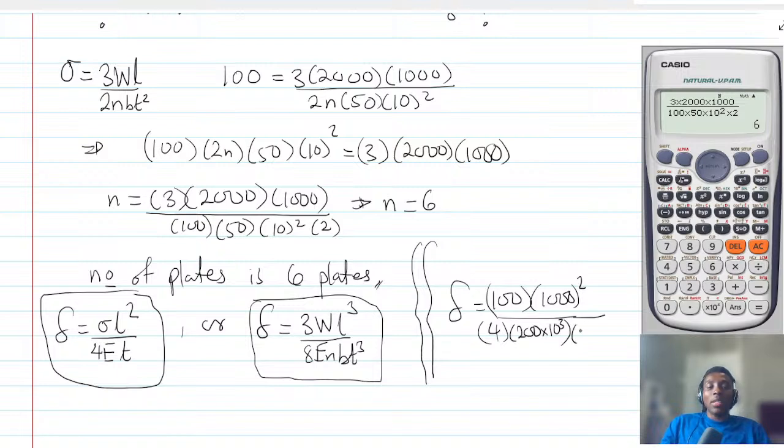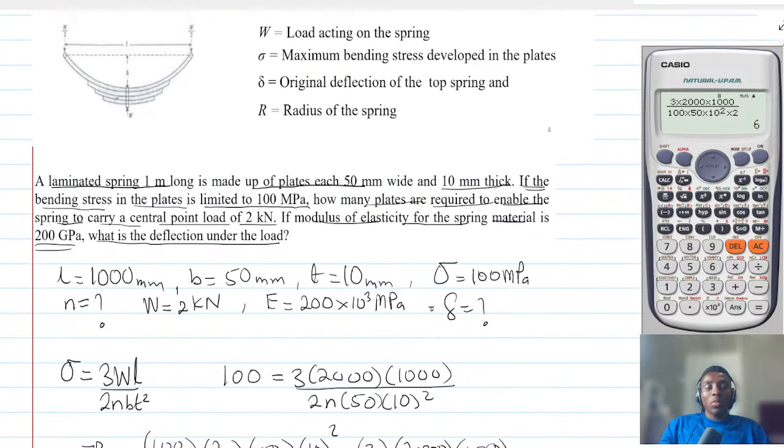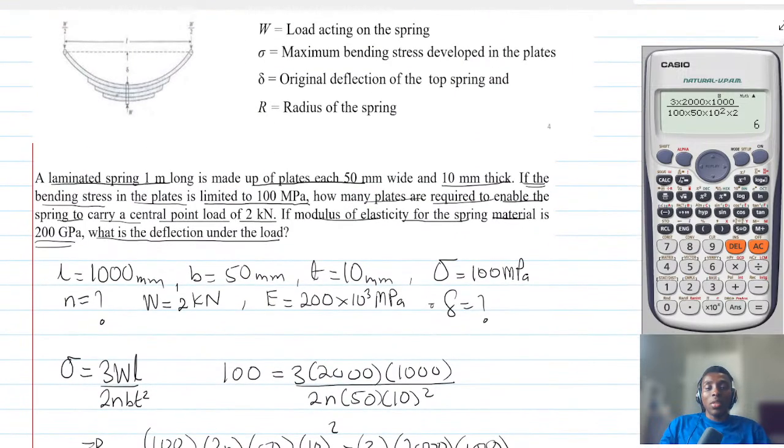Then you multiply this by the thickness. And the thickness was 10.